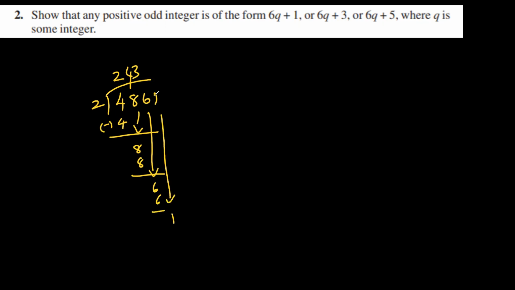Suppose if it is 9, we write it as 2 4s are 8. Remainder will be 1. Always, whatever the number of digits it may be, if it is an odd number, you will be getting remainder as 1 when divided by 2. If it is an even number, you will be getting the remainder as 0.